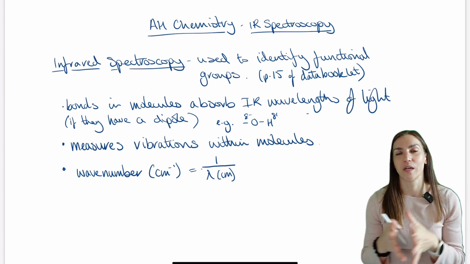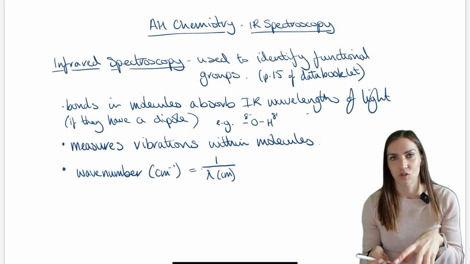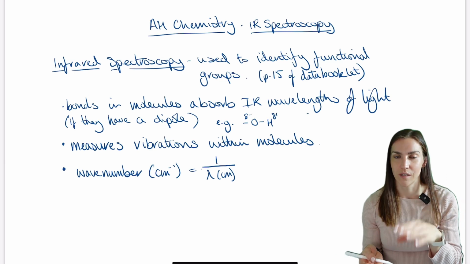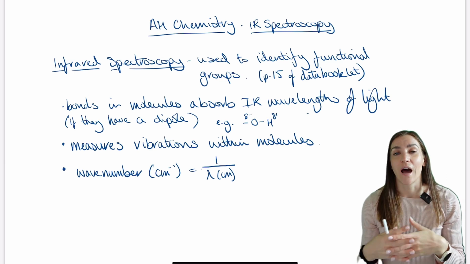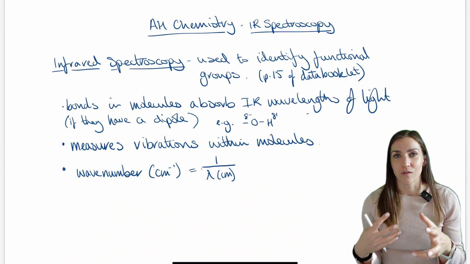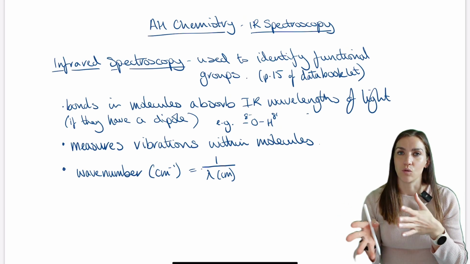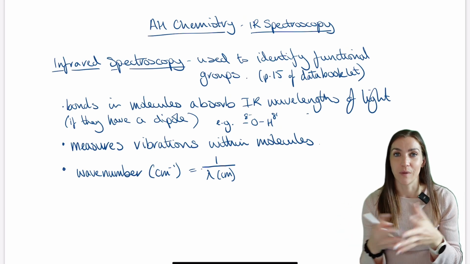The way it works is that infrared light is shone onto or fired at some molecules, and that infrared light causes them to vibrate in certain ways. This is because of how the electrons are distributed in the dipoles that are created in these functional groups.